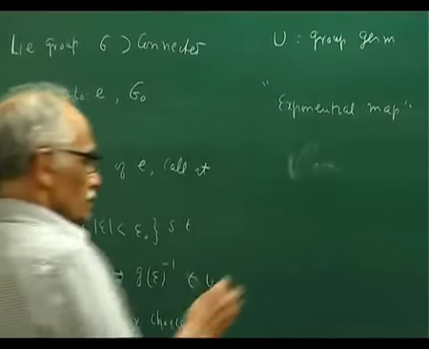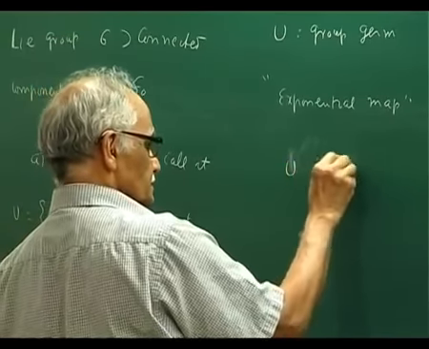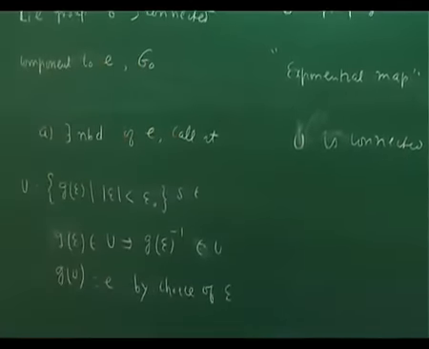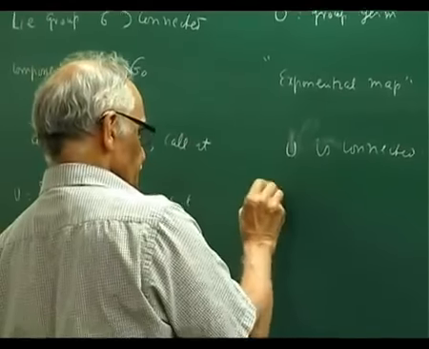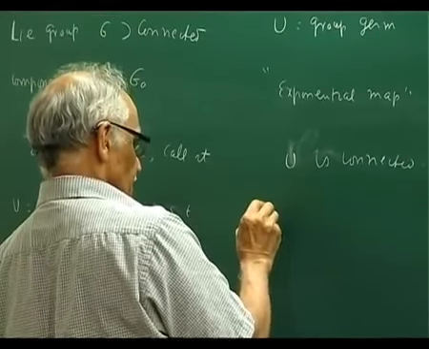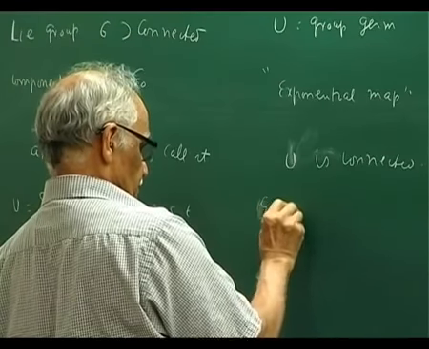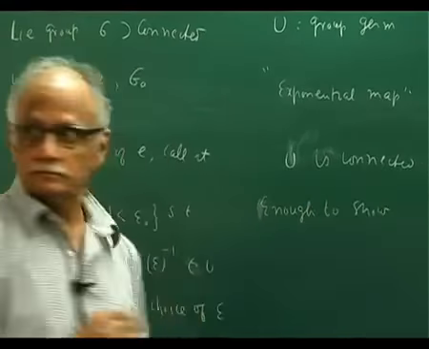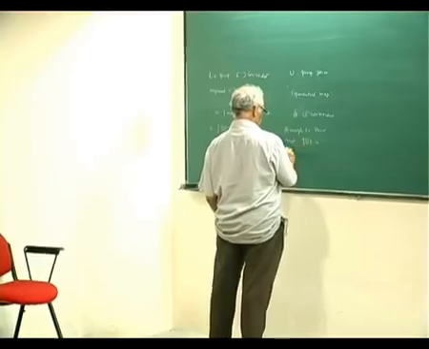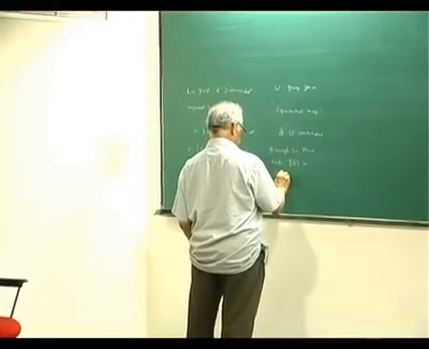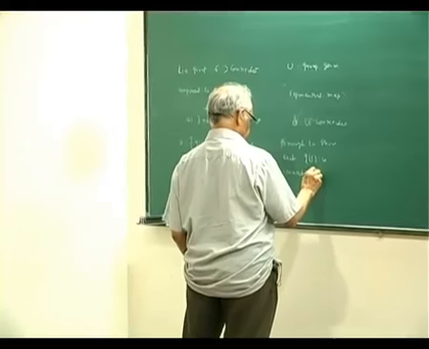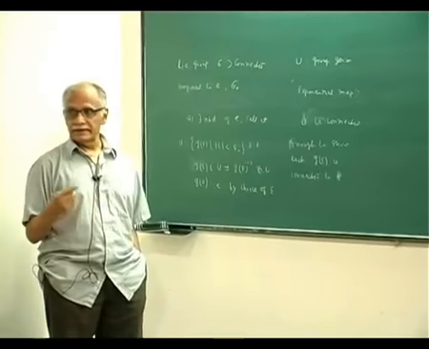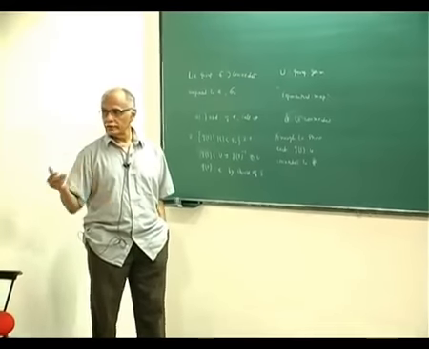Now, U is connected. That is, since, okay, enough to show that g(epsilon) is connected to e, to identity, right? Because then I can connect any 2 points via origin.